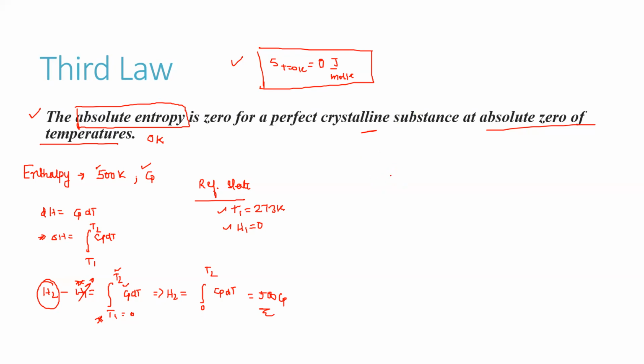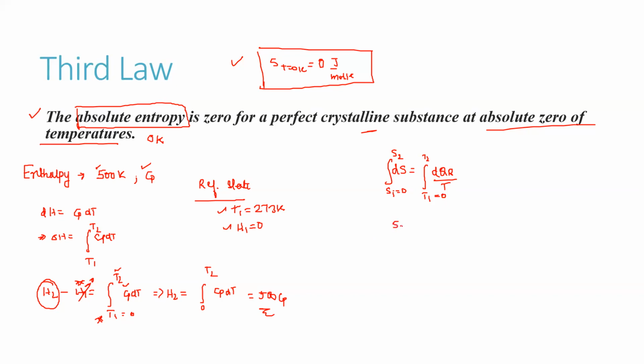So in that case, we are going to have dS equal to dQr by T. Integral dS is going to be equal to integral dQr by T, where this is going to be from S1 to S2, and this is going to be from T1 to T2. Now, this can be the reference state, and by the third law, we can take this as 0 and we can take this as 0.